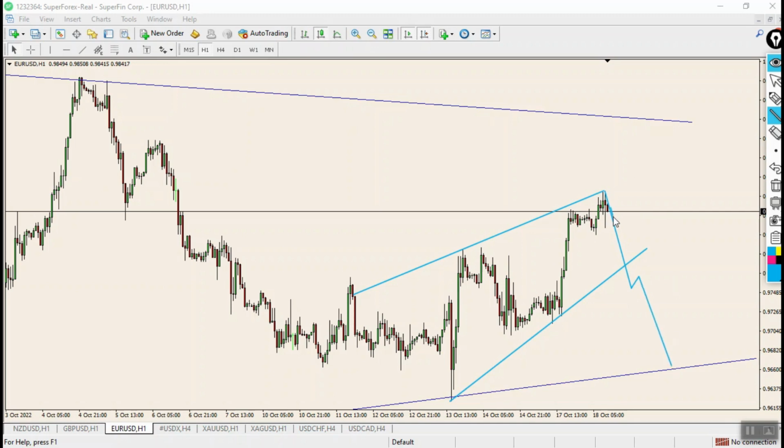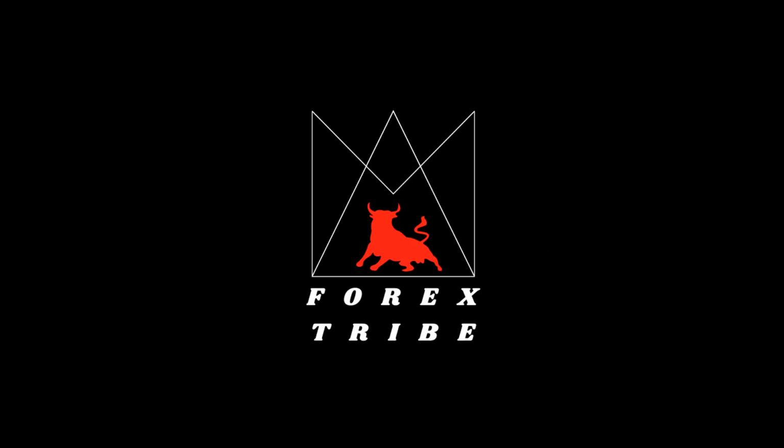They could extend, bounce off somewhere here and give us another touch before they drop, or they could just straight up drop, or they could go up to this resistance level here, or the zone here, before giving us the drop that we look for. We're going to have to wait for more confirmations, but I see bearish momentum coming soon, so that is what you should look for when it comes to EURUSD.